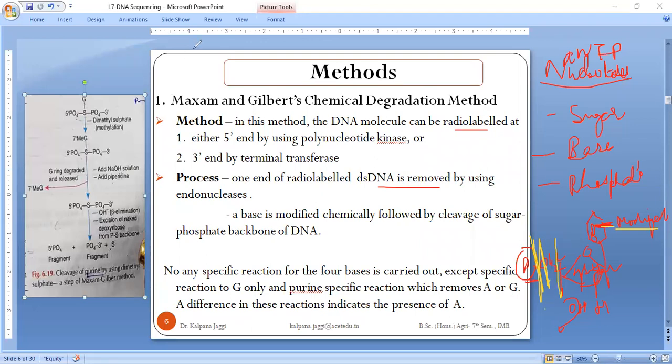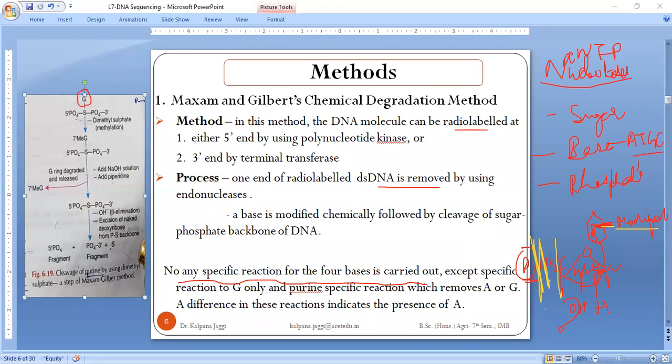You must be thinking now, if this modification is to be done, then how do we go about modifying this? There is no specific reaction for all four bases, but the reaction is only for the base that is guanine. Because we have four kinds of bases: adenine, thymine, guanine, cytosine.